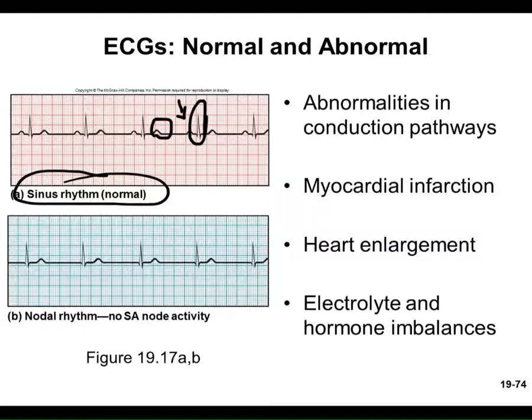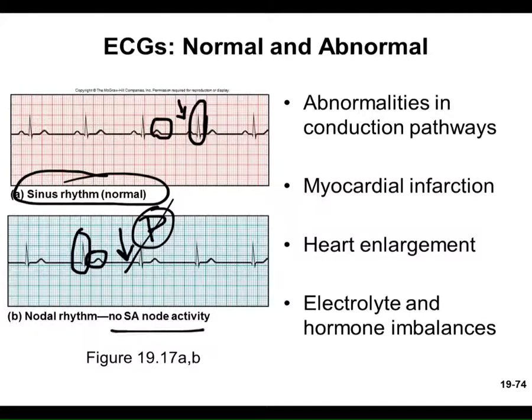So it looks rather normal. And you'll learn in lab how to measure the distance and the time that's going on during this. Now take a look at the lower one. What peak is missing? Do you see there's no P wave? So we do see a QRS, and I do see a T, but there's no P wave. So therefore, what's not happening?